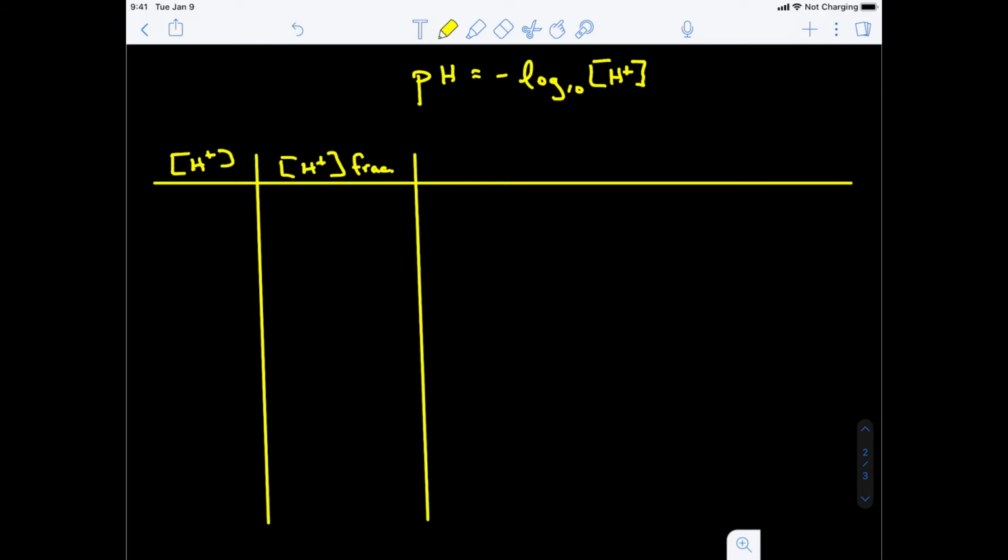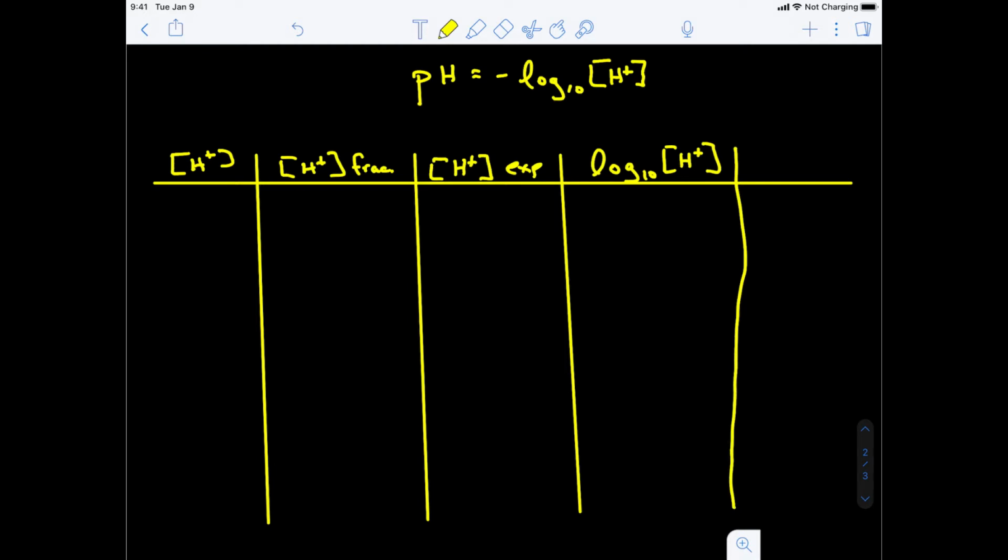And then we're going to represent it yet again in exponential form. And then we're going to take the log base 10 of the hydrogen ion concentration. Finally, we'll take the negative of that, which is going to give us the pH.